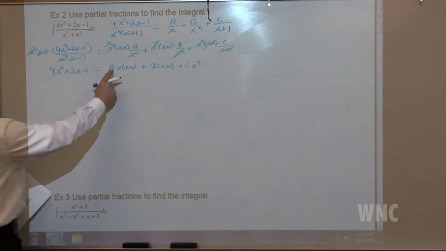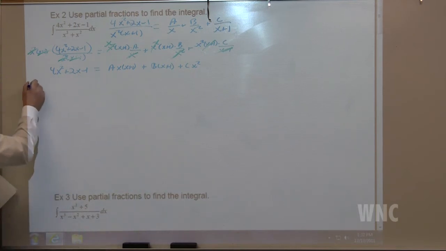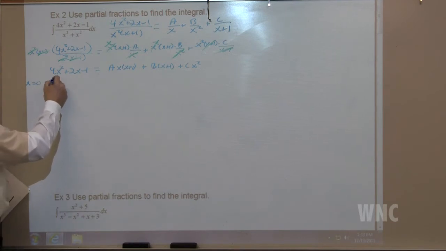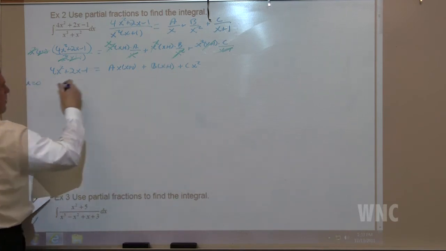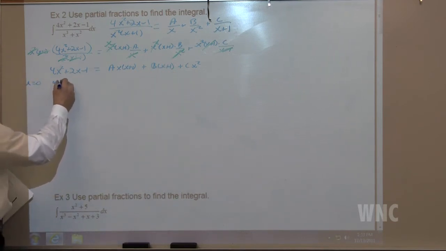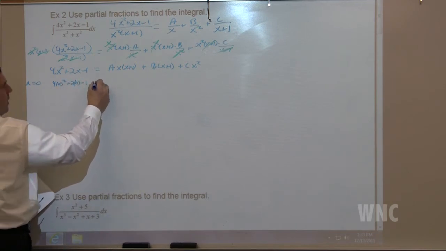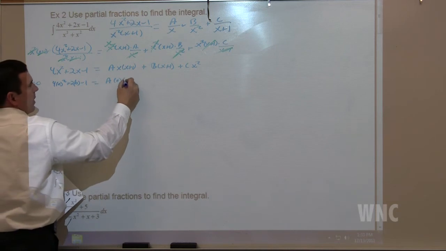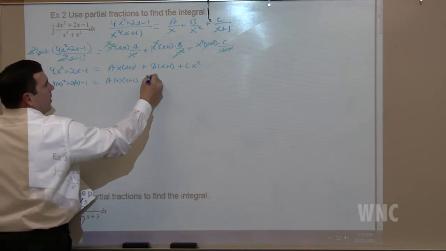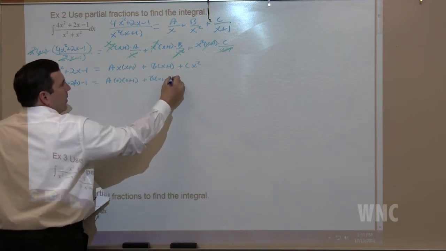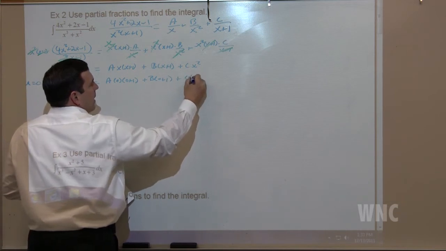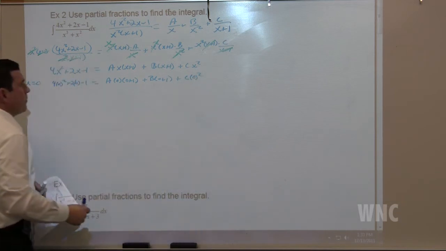Now, what would make x 0? Well, if I say x equals 0, I plug in 0 for x on both sides. 4 times 0 squared plus 2 times 0 minus 1 equals A times 0 times (0 plus 1), plus B times (0 plus 1), plus C times 0 squared.